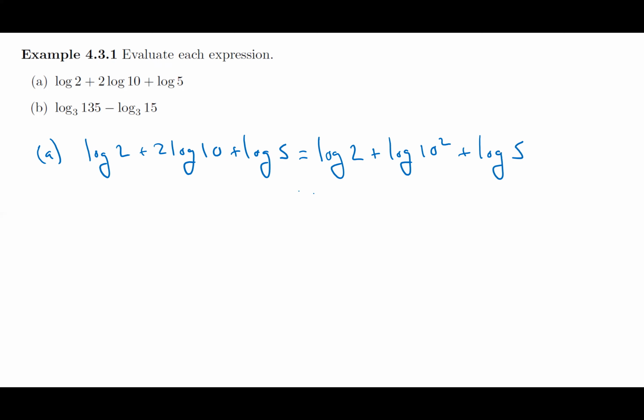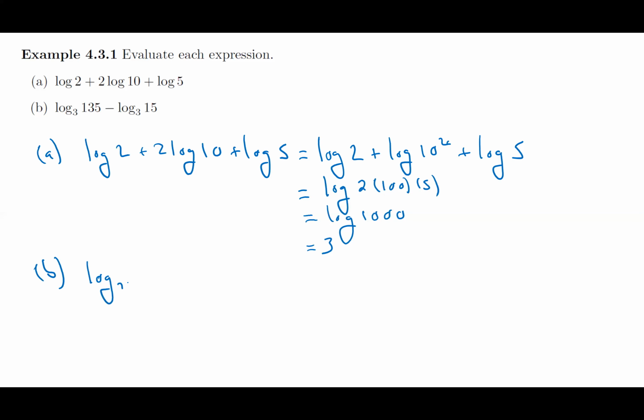Okay, well, log 2 plus log 10 squared plus log 5, I can bring this all together as a product. Okay. So I get log of, well, what's 10 times 100? I just wrote 10 squared as 100. That's 1,000. And 10 to what power is 1,000? 3.